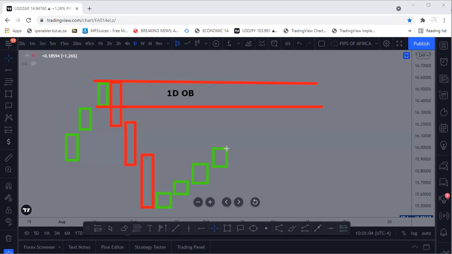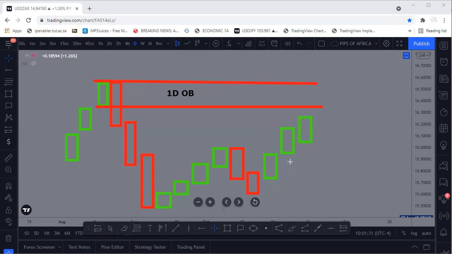coming back down like this, creating the higher low, going up once again, while the price is still underneath here.